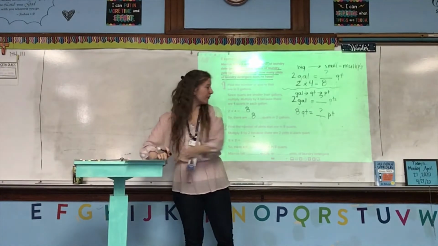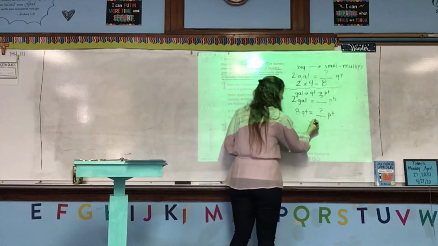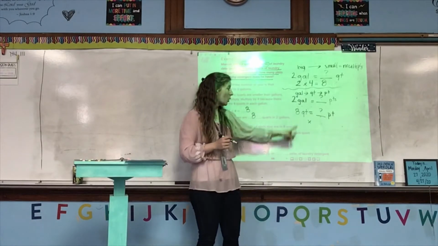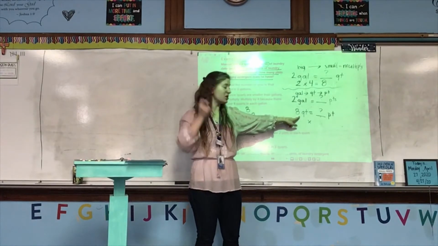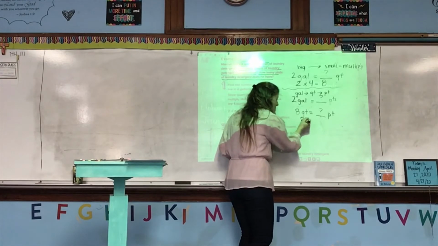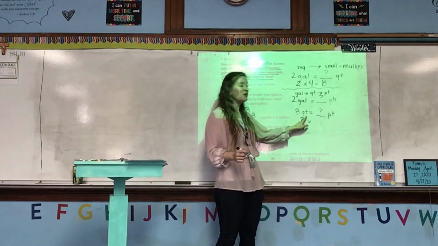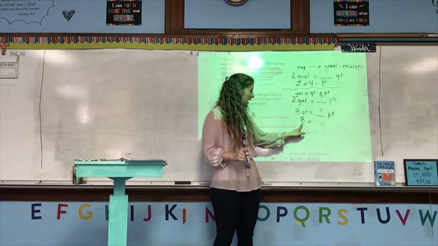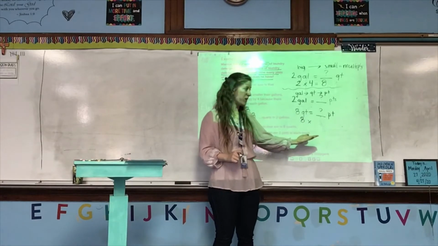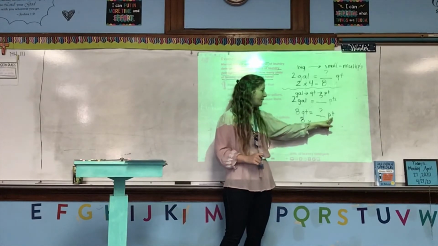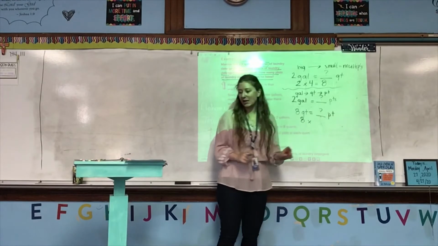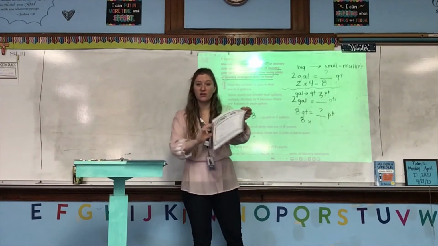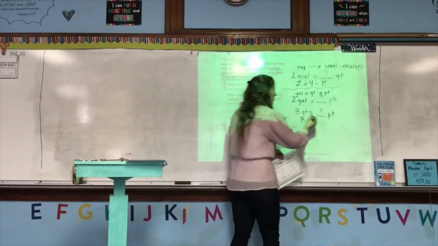We're going from big to small, so we're going to multiply. We start with what we know, which in this case is 8 quarts. We can't multiply by the number of quarts in a quart, otherwise we'll end up with the same number. So we have to multiply by the number of pints in a quart, which we know from our conversion chart is 2.